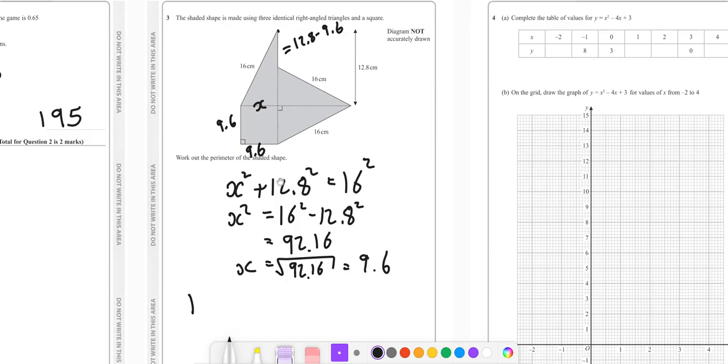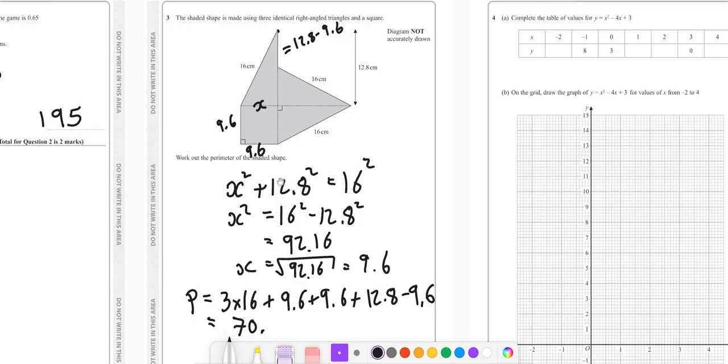Okay, so the total perimeter equals 3 times 16 plus 9.6 plus 9.6 plus 12.8 minus 9.6, which equals 70.4 centimeters. There we go.